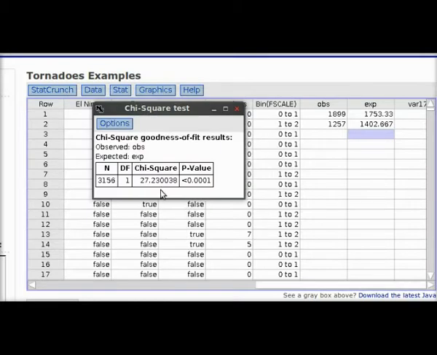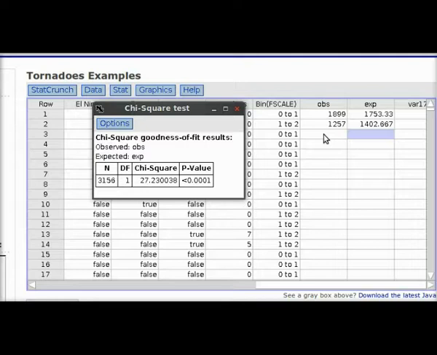And there we go. I get my chi-square value, I get my p-value, and I see here that no, it's not what I think. The tornadoes in Tornado Alley for this data set are underrepresented for El Nino years.